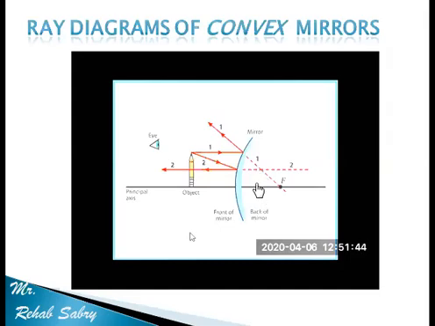So the image will be formed here in this position. Okay, so it's a virtual image. By the way, it's diminished. It's smaller than the object. Well, so we finished this point.